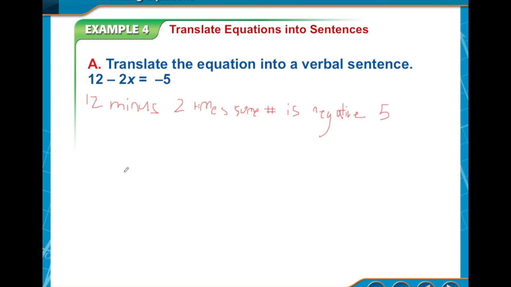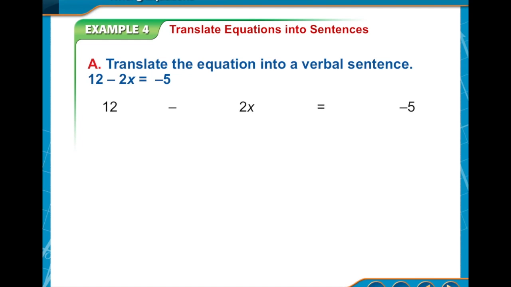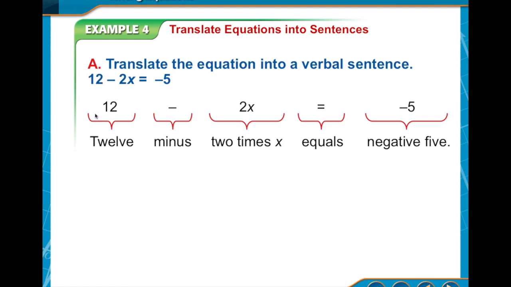And if we see our solution here given with the textbook answer, we see something very similar. If you break it down, you have 12 minus, this is 2 times x. You could say is or equals, and then negative 5. You could also say the difference of 12 and 2x.